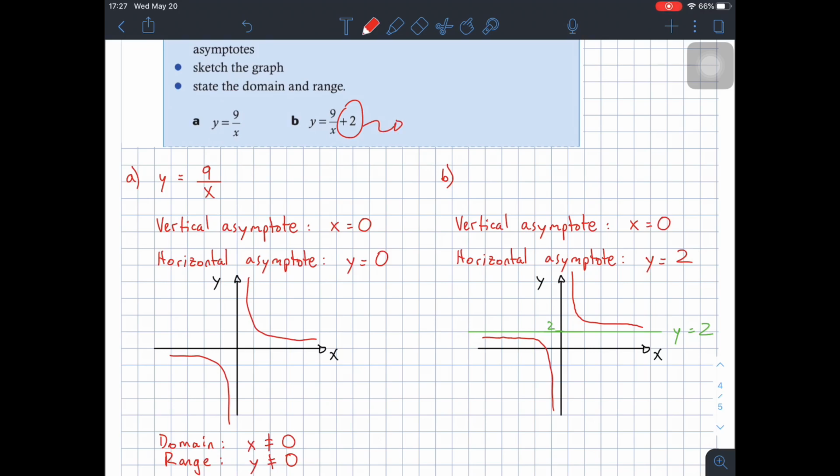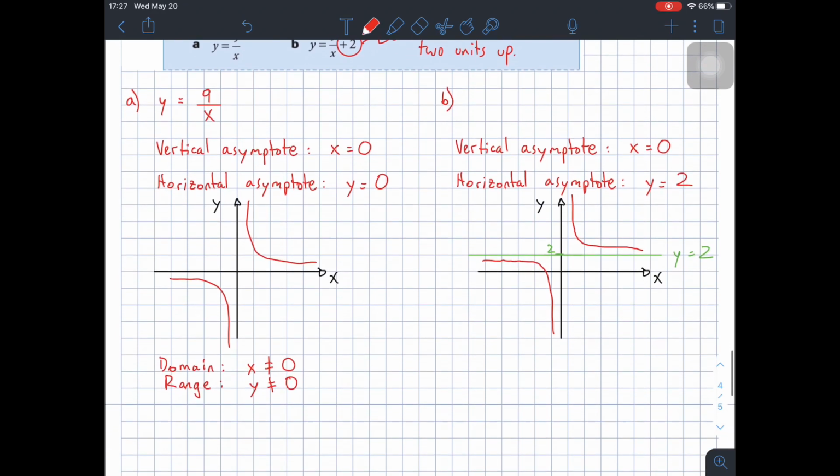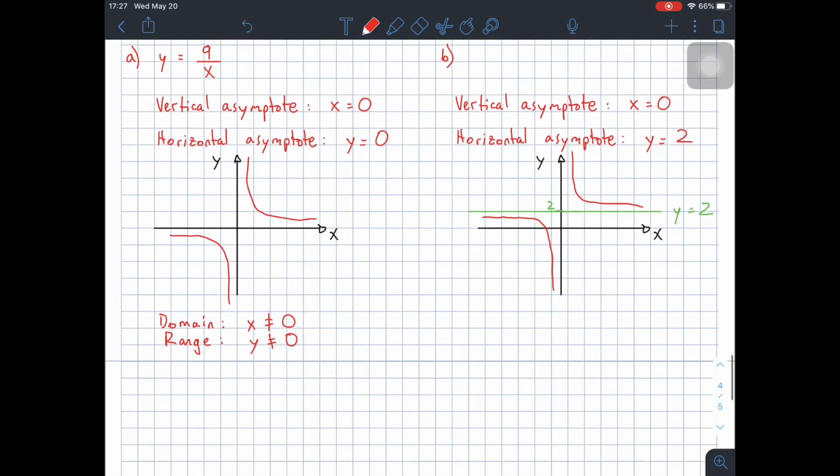This is a vertical shift, 2 units up. Okay, so that's why the horizontal asymptote moves 2 units up.